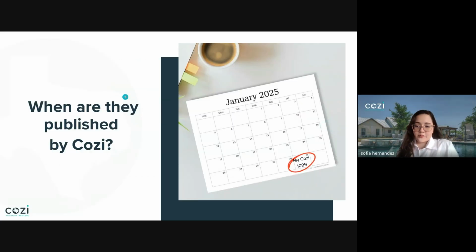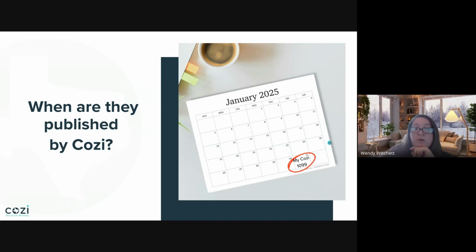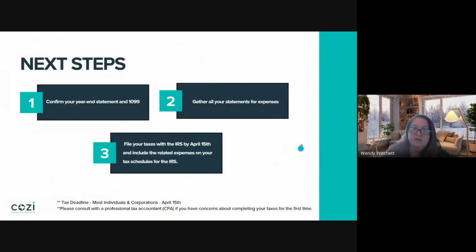When are they published by Cozi? As mentioned, we are wanting them to be done, right, Wendy, by the end of this month. You do have some deadlines to be able to report your taxes. So from our side, we are trying to get them done by the 31st. So we're required to have them done out to you by the 31st, but I think we should be done today or tomorrow.